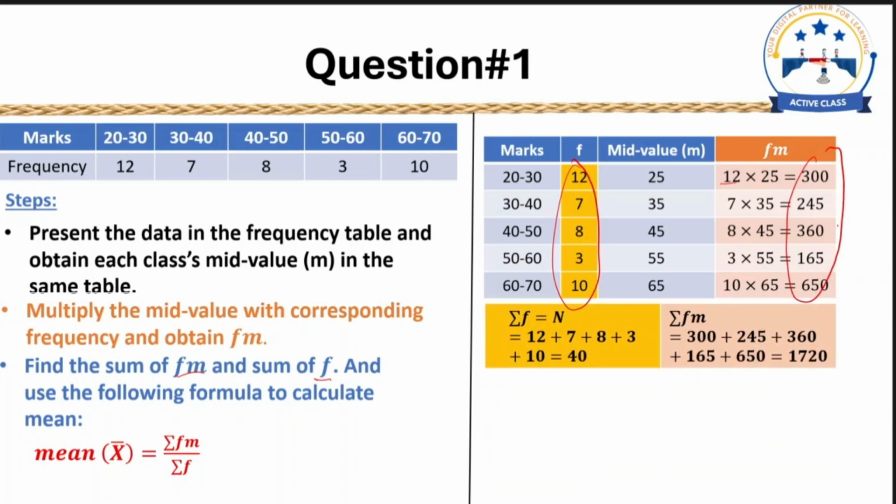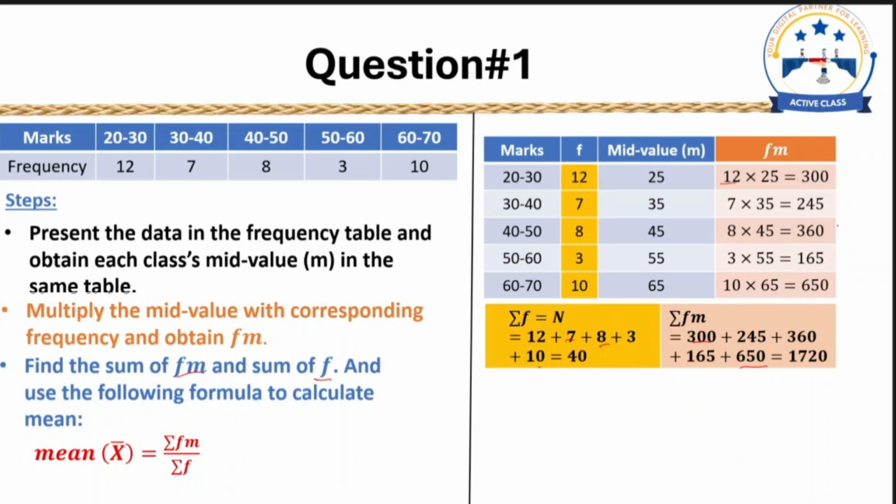Sum of F means we add 12, 7, 8, 3 and 10, which gives us 40. We represent it by N as well. And sum of FM, that is 300, 245, 360, 165 and 650. If we add them all, that gives us 1720, which we call summation FM. This symbol is called summation.